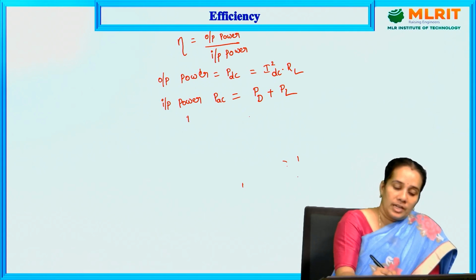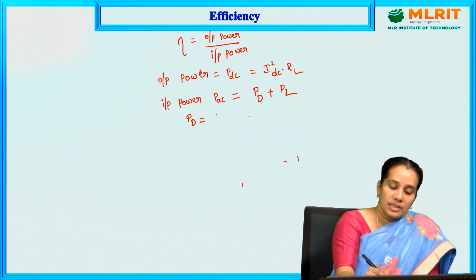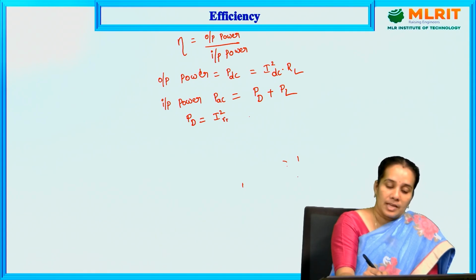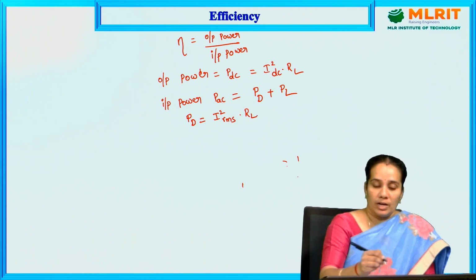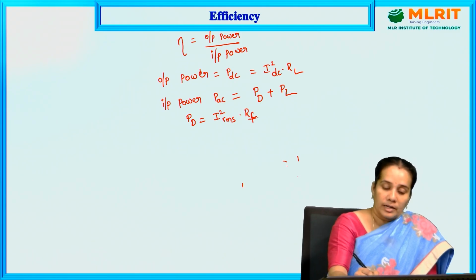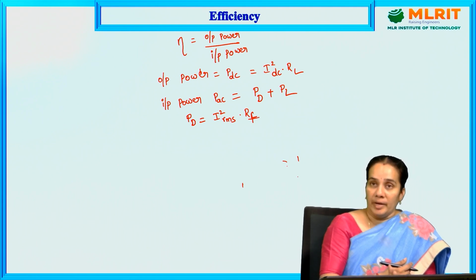So what is the diode power? Diode power is nothing but I square RMS, that is the AC value, I square RMS into RF. Why RF? Because the diode has a forward resistance, so we have to consider the forward resistance RF.